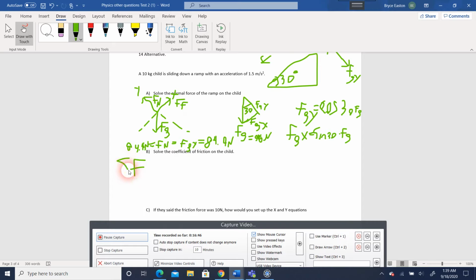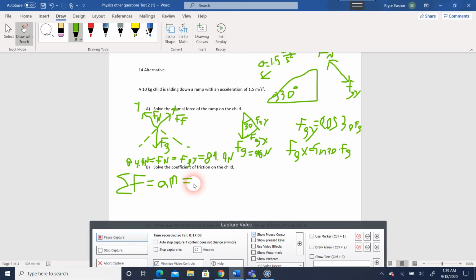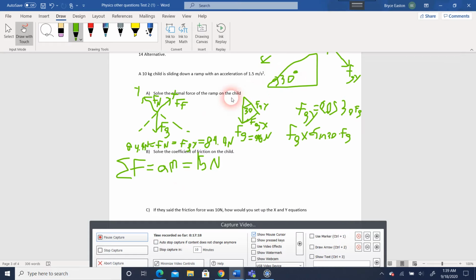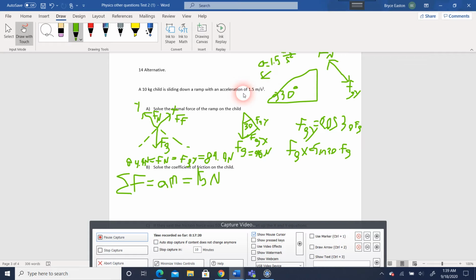The sum of forces is going to be equal to mass times acceleration. So we take this 1.5, multiply by 10, we get 15 newtons. And it's an acceleration of 1.5, so it's accelerating this way, which means the 15 newtons is going to be going down this way.